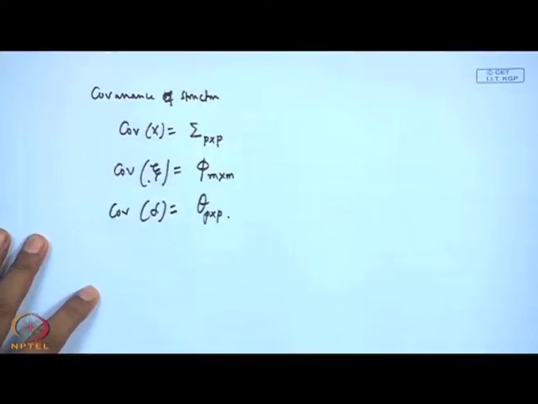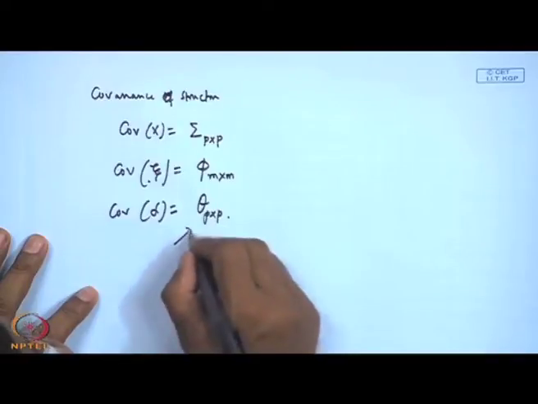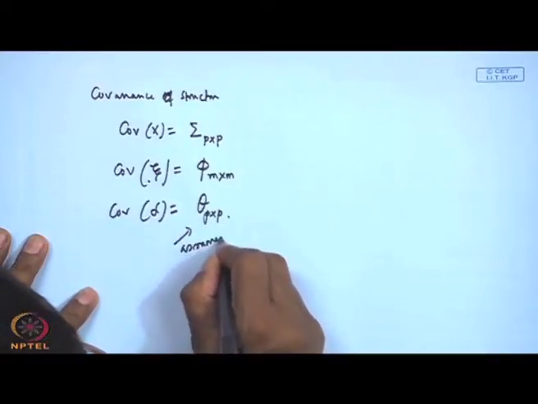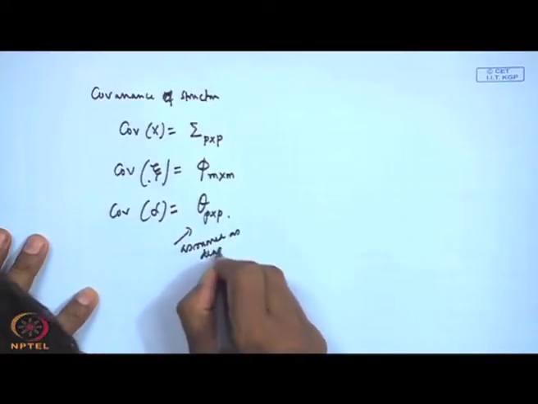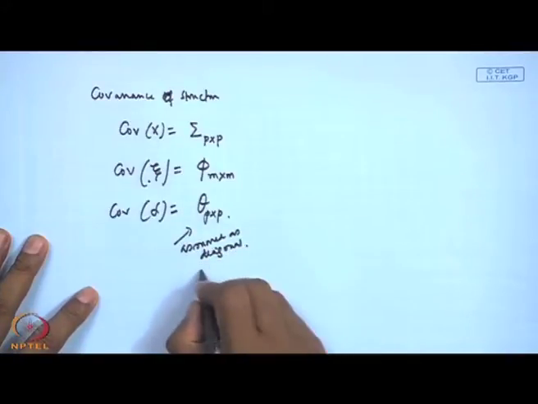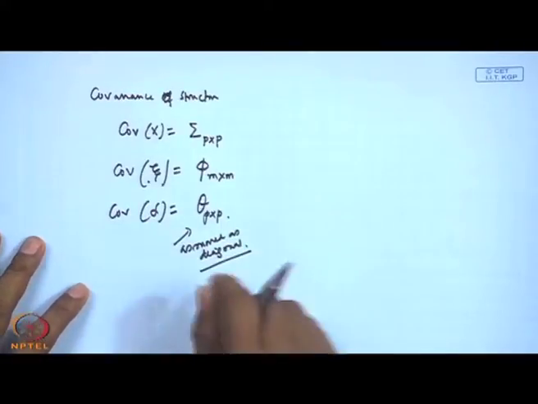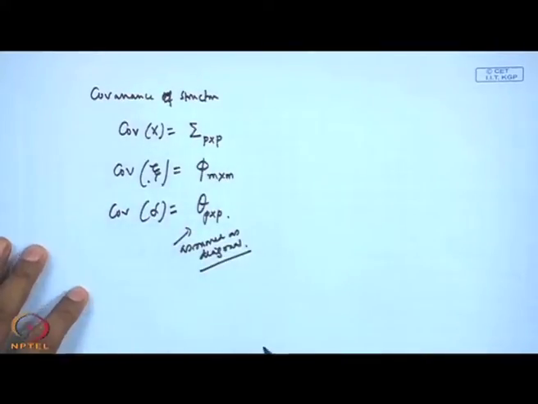It is mostly assumed to be a diagonal matrix. Not necessarily always, but it is assumed like this.